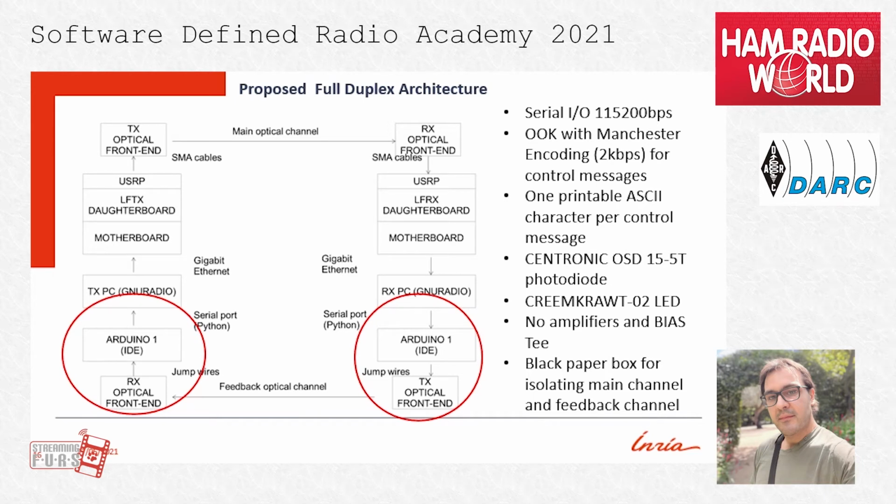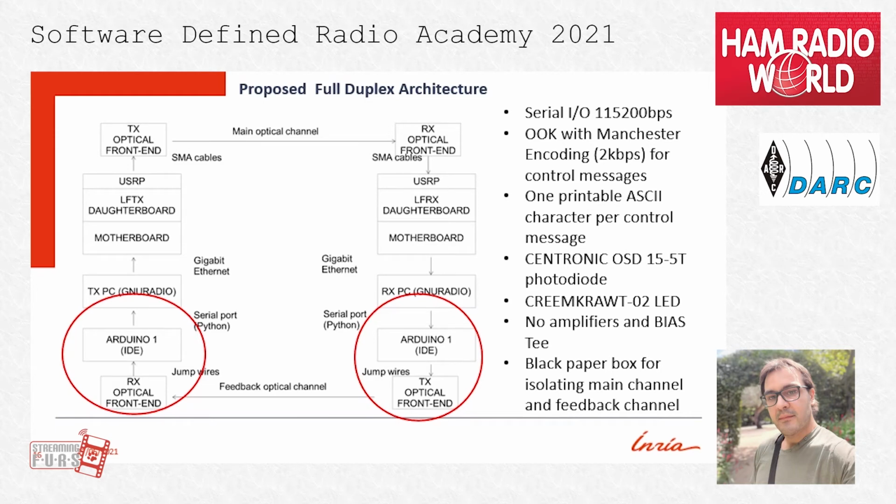We use the same diode and the same LED for the optical front end, but we didn't use amplifiers and a bias tee, because in this case, with the Arduino, we can manage power up to 5 volts, and not just from 0 to 1 volt, so we don't need to amplify the signal, and we don't need a bias tee for achieving the right dynamics of the Arduino.